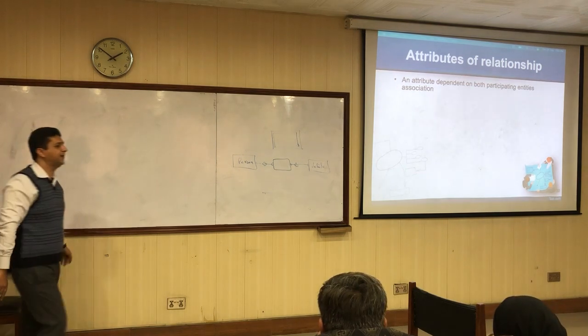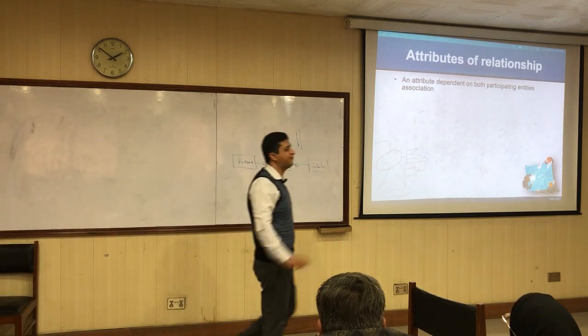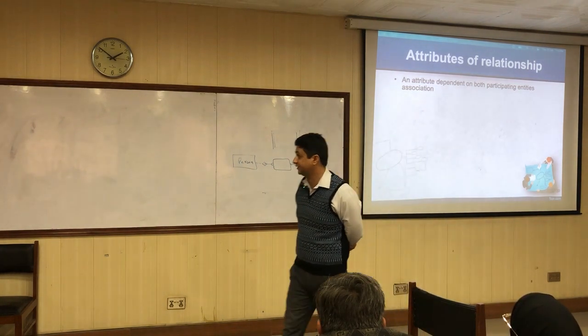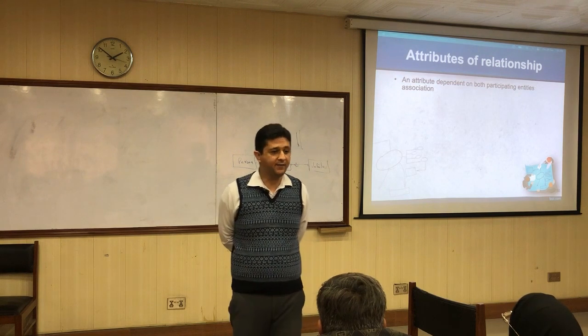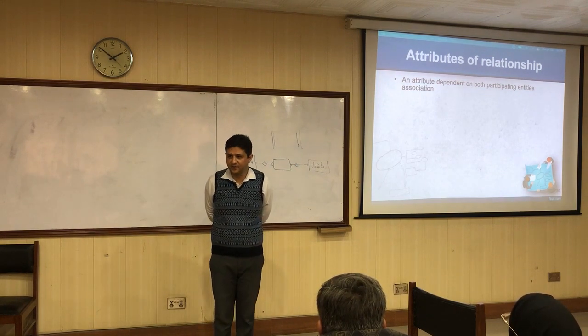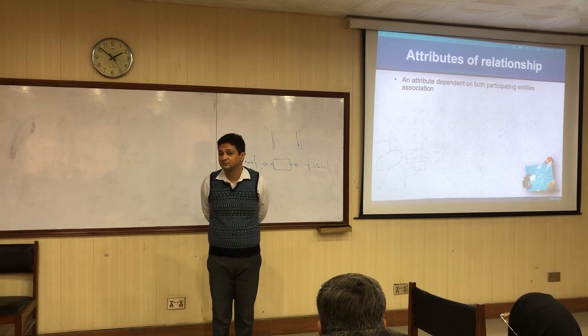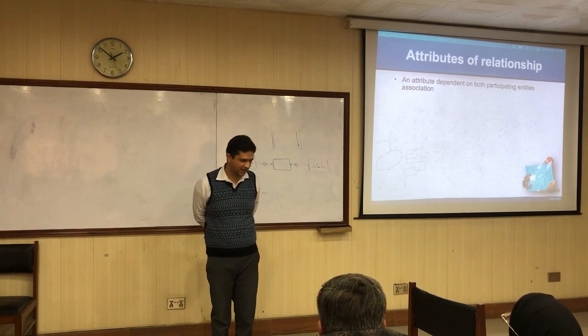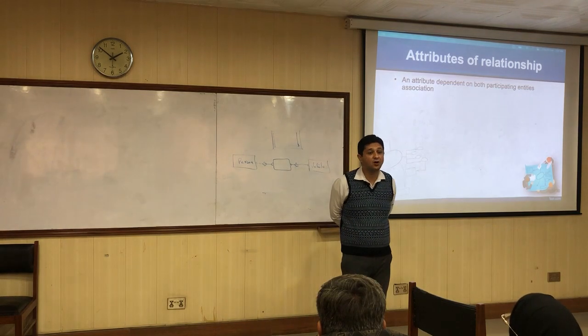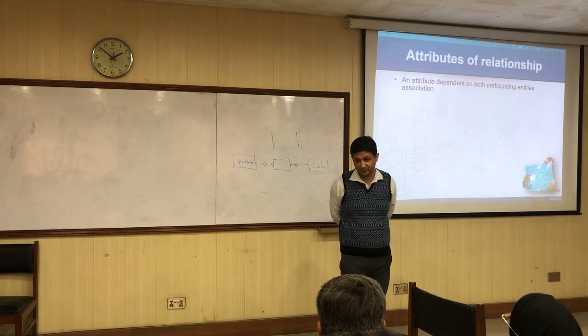Now another concept is attributes of relationships, okay? Please be attentive, it's a very important concept. So far, we have seen attributes of entity type, okay? But a relationship can also have attributes.